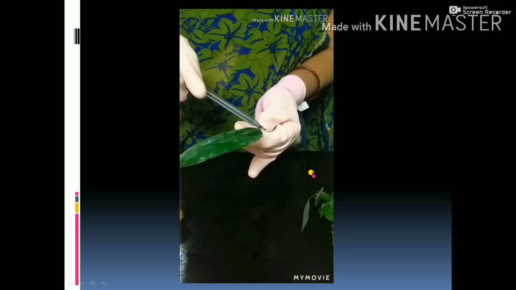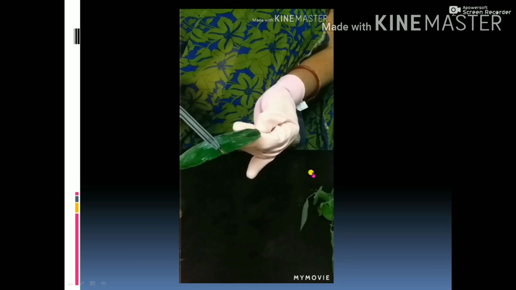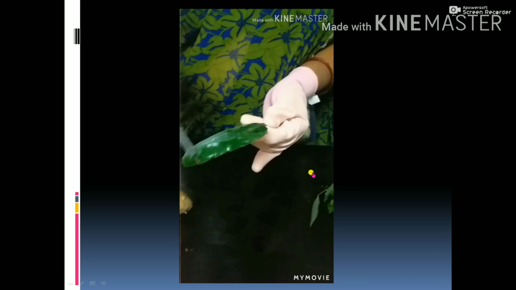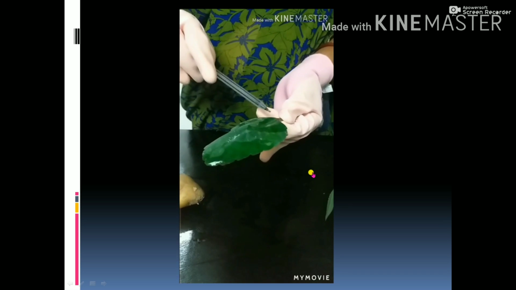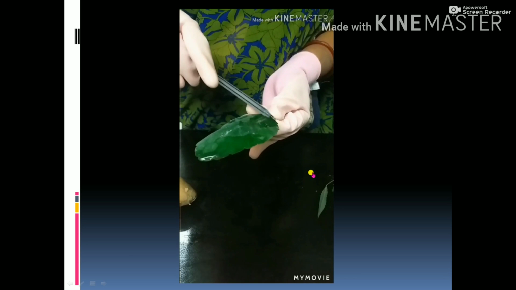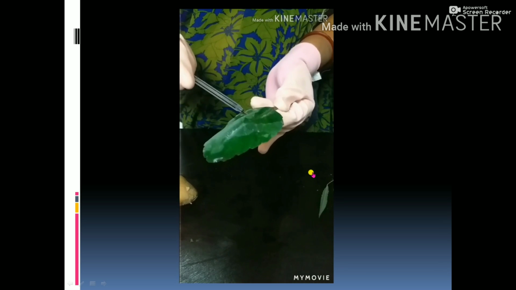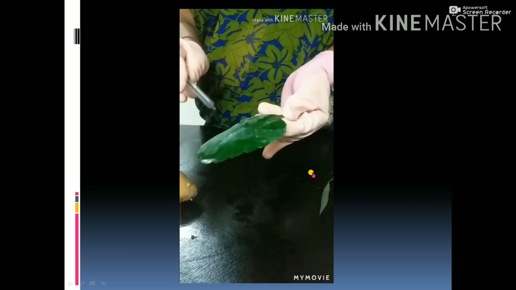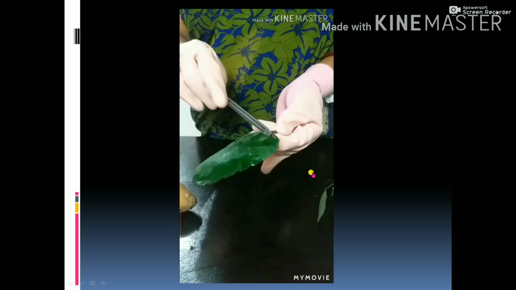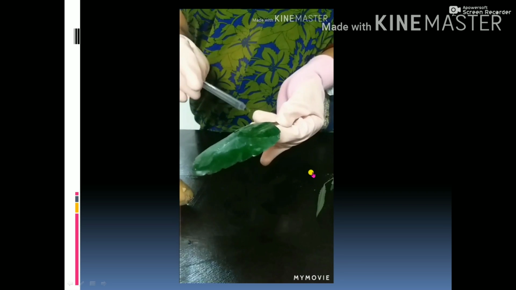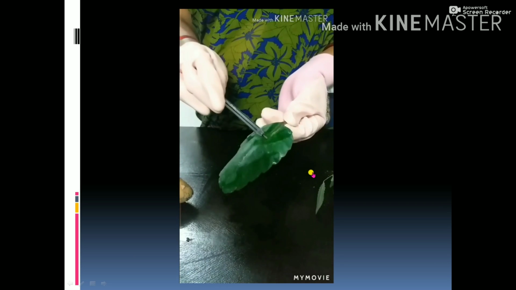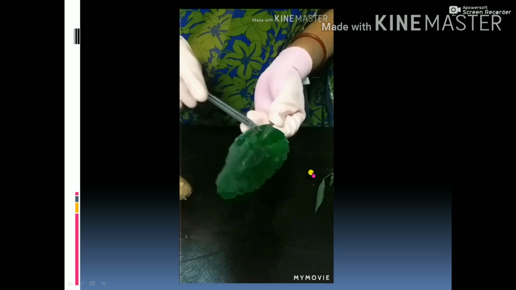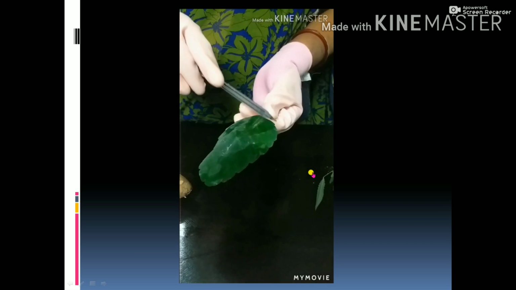If there are 1, 2, 3, 4, 5, 6, 7, 8, 9 notches here, then 9 baby plants will appear from here, and then you can imagine how many plants can be grown from a single Bryophyllum. And Bryophyllum has also a main characteristic that you can cut this into various pieces, and again each piece will convert into a new plant. So this is the mode of reproduction in your book, that is reproduction through leaf.